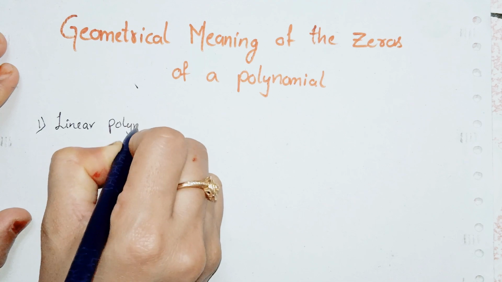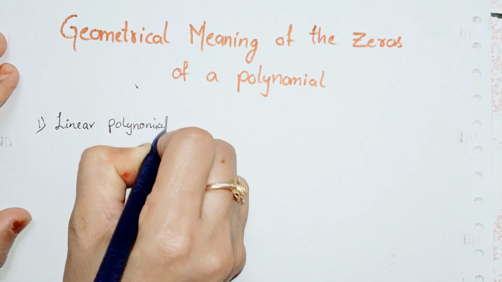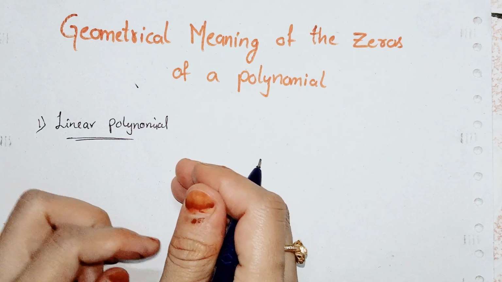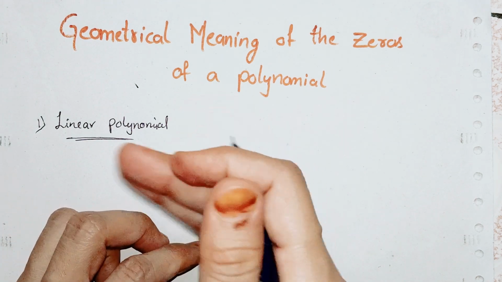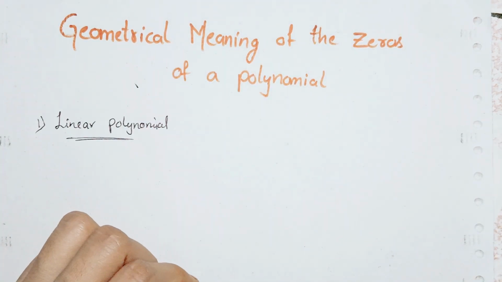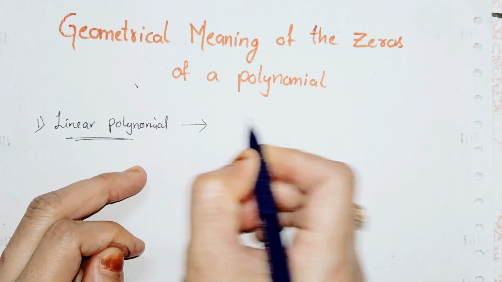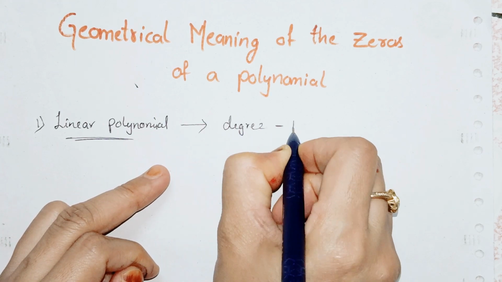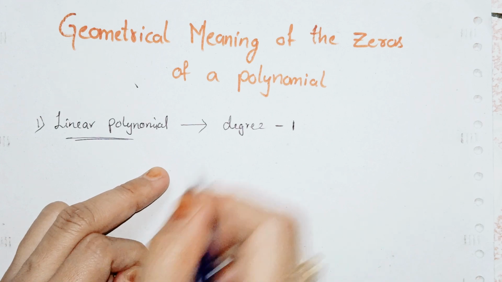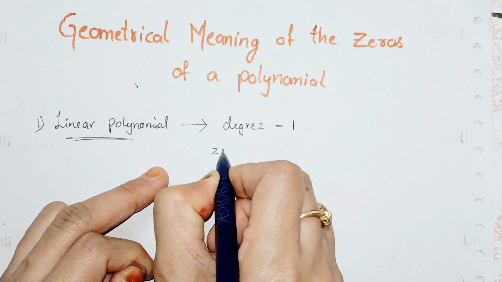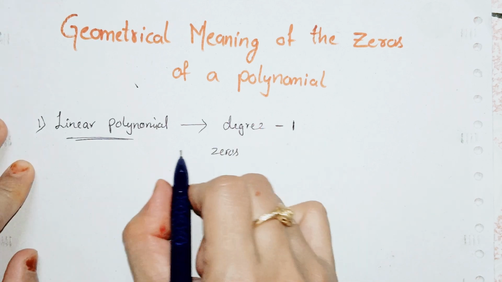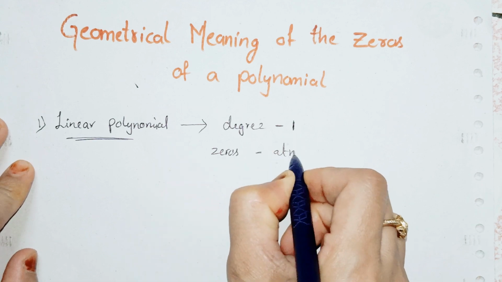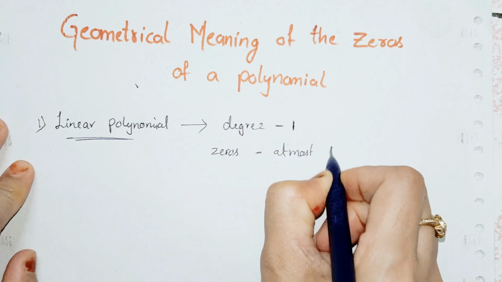Linear polynomial. Okay guys, what is a linear polynomial? A linear polynomial is a polynomial whose degree is 1. We know that in a linear polynomial the degree is 1. So the number of zeros in a linear polynomial is at most 1.